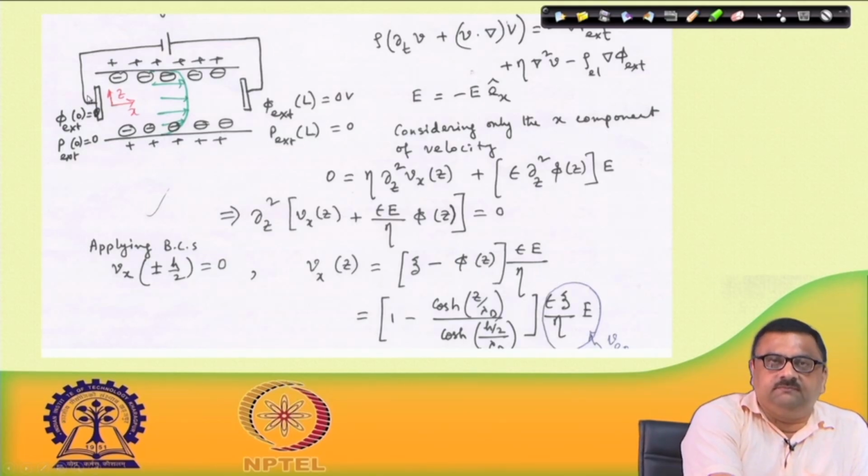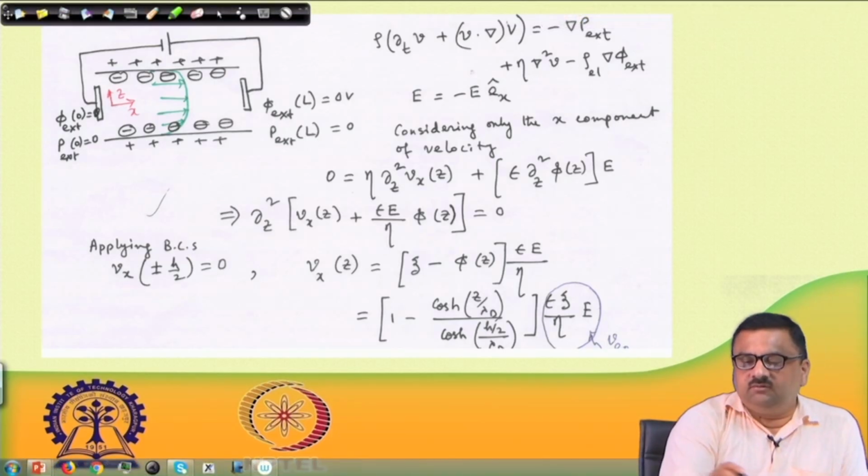Now, suppose I apply a voltage across these in this direction. If one applies a voltage, this is positive and this is negative, you can see the symbol here.